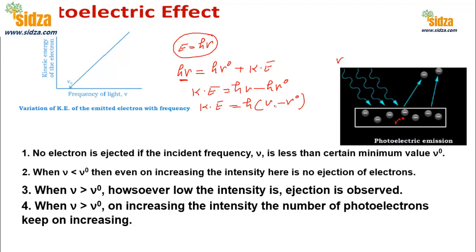If the difference in the frequencies is 0, then the kinetic energy will be 0. And if the frequency of this quantum is more than this threshold frequency, kinetic energy will be more, right? So if you increase the frequency of this quantum over here, the kinetic energy will also increase.